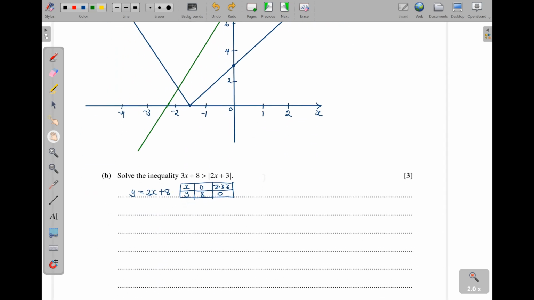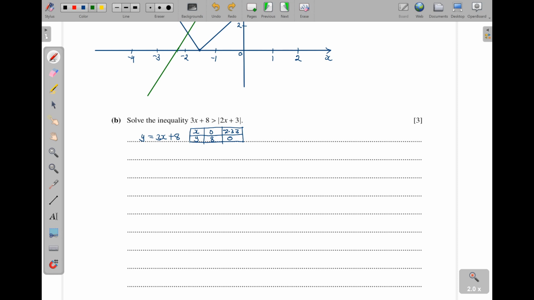Okay, so I'm going to have this one here, the 3x plus 8. It intersects the negative part of this modulus. See, then I solve this one accordingly. So we shall have here 3x plus 8 greater than negative 2x minus 3. So bring this one here.